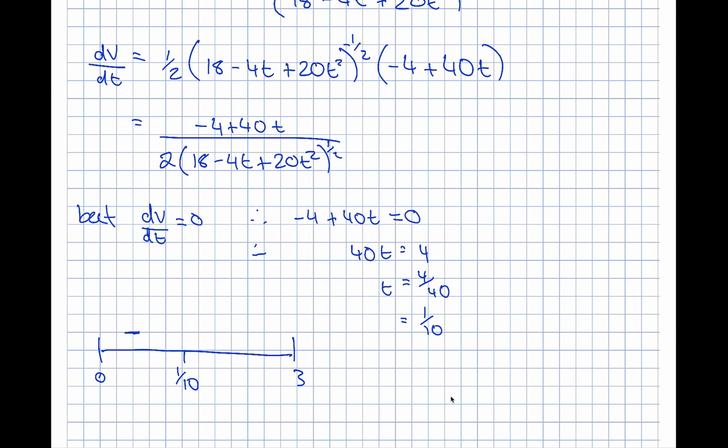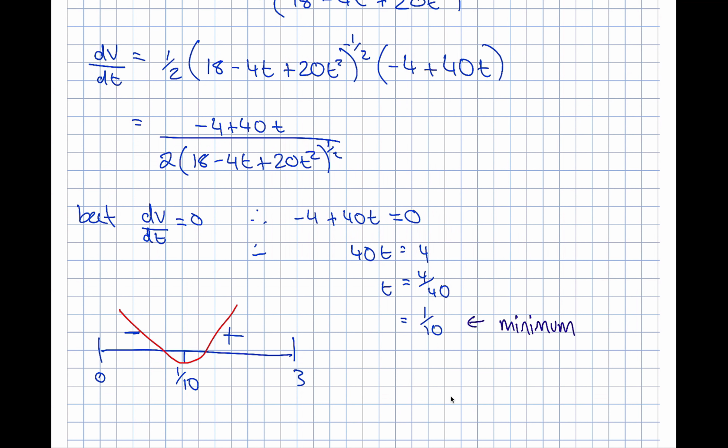Okay, if I put t is equal to, say, 1, the bottom line, no matter what, has to be a positive value, doesn't it? Okay, so if t is equal to 1, I've got negative 4 plus 40, which becomes positive. So what that tells us is that we have a negative slope, positive slope, so therefore this is the minimum. Okay, that's where the minimum occurs.